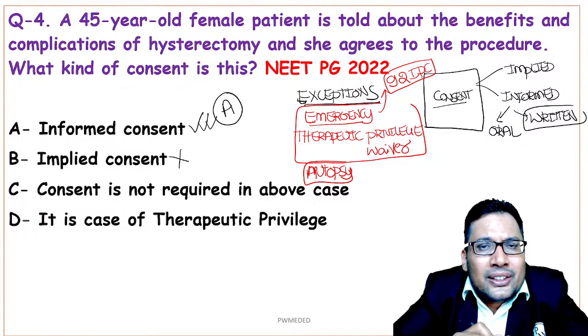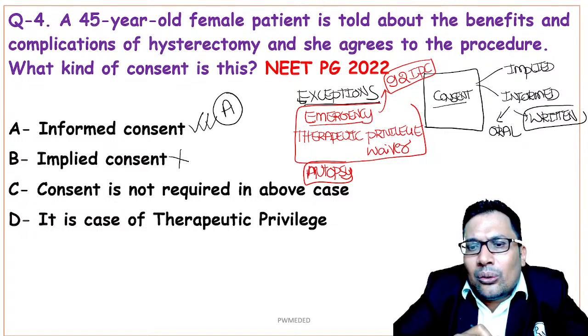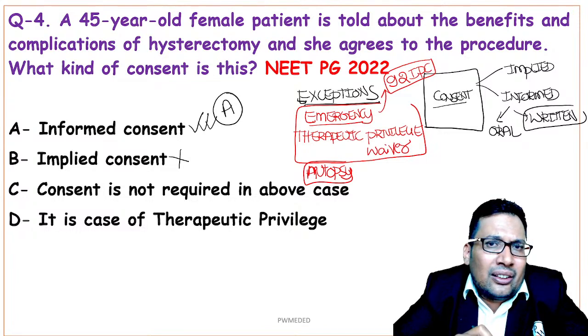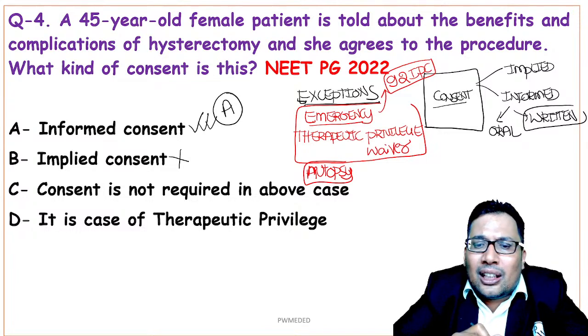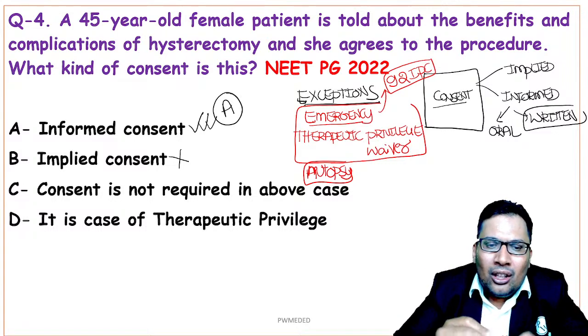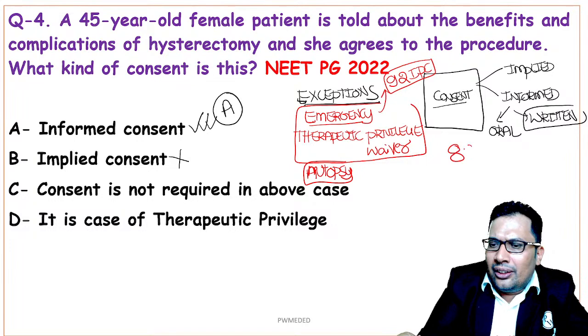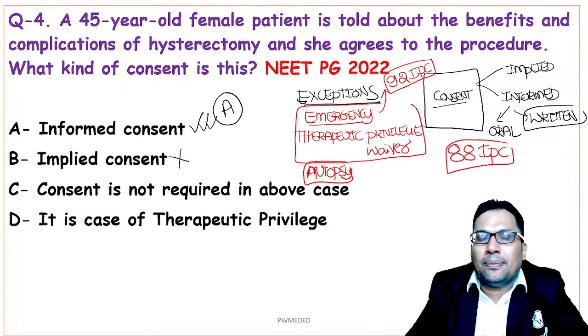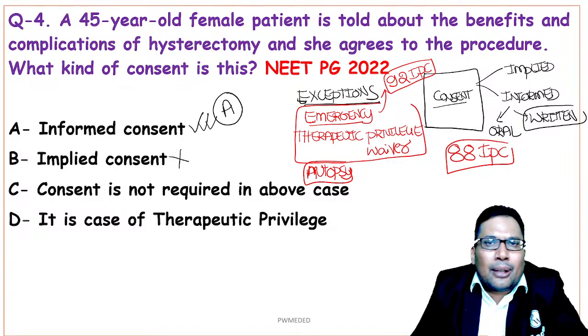According to 92 IPC, whatever act is done in good faith without the consent, that comes under emergency, that is 92 IPC. What is section 88 IPC? Anyone can you guess? 88 IPC can also be asked.